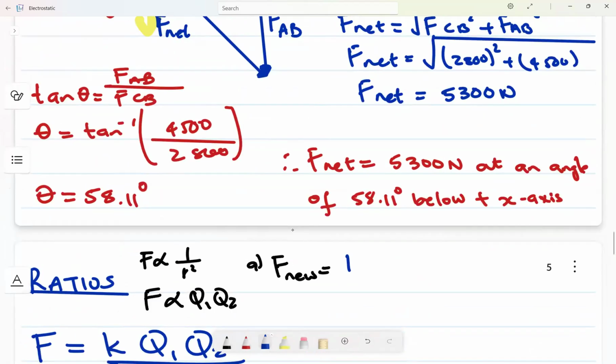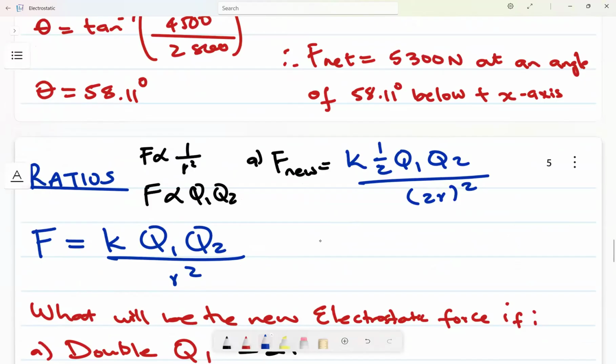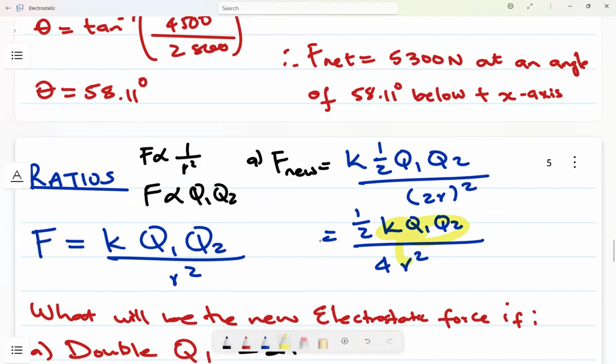When I have Q1, it is going to be K half Q1 Q2 divided by double the radius. Then now it's going to be 1 divided by 2K Q1, Q2. I'm just rearranging this. Then this will be 4, R squared. Do you agree with me, Mara? This one you already know. What is this?